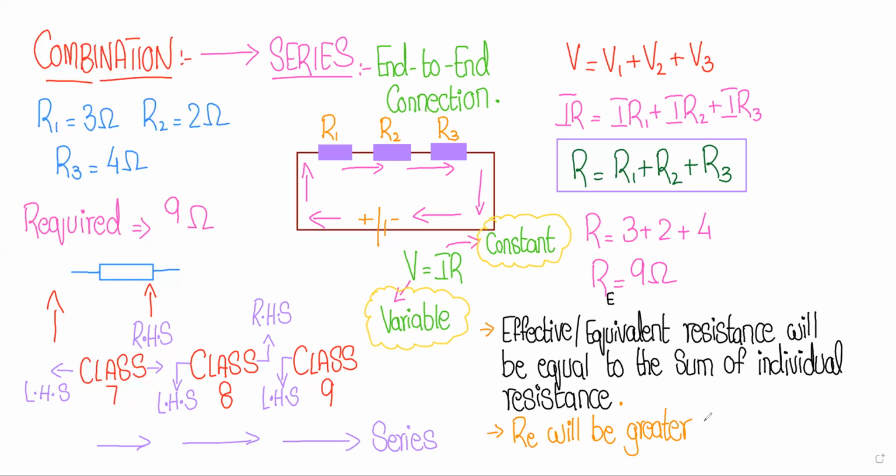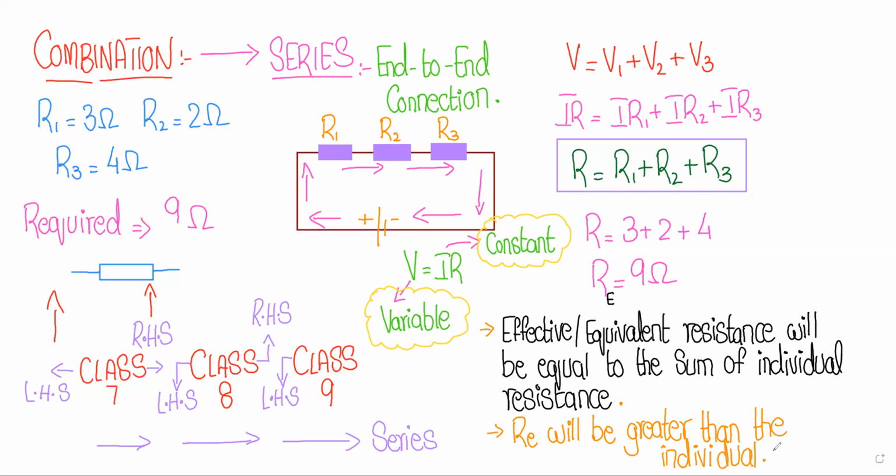So Re will be greater than the individual resistance. You can see that in the question, the greatest value is 4 ohms. Now we are getting a value of 9 ohms, which is greater than all the given resistors, right? So this is the concept of series combination.